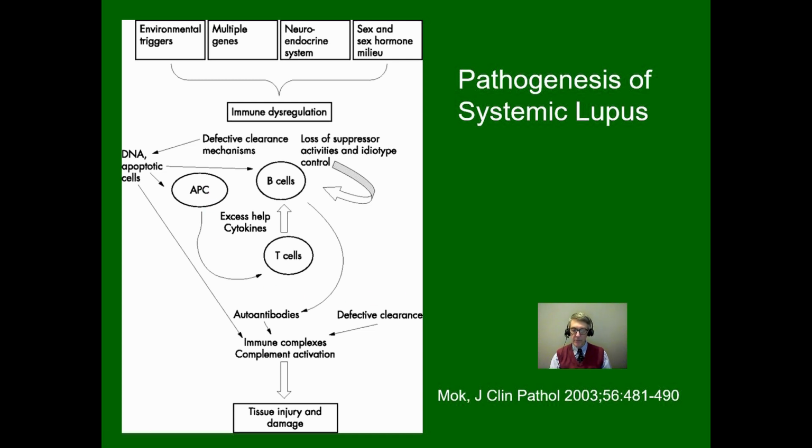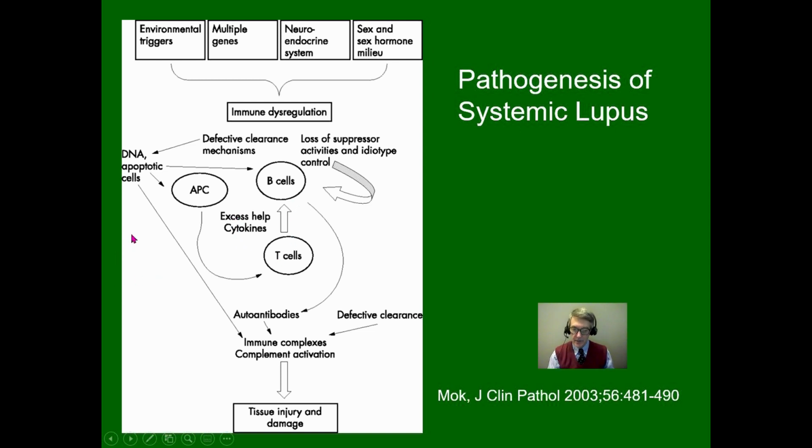However, if for some reason there's a problem with the length of time till the cell dies from normal, or if the antigen presenting cell or the macrophage picks it up in a way that's not normal, rather than just getting rid of the dead cell tissue, it can present it to the immune system and cause an immune response.